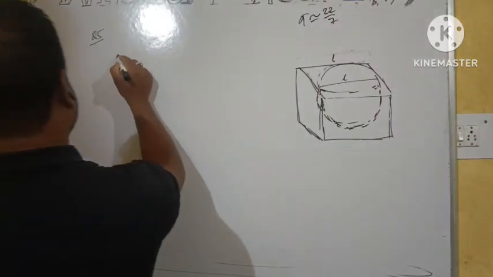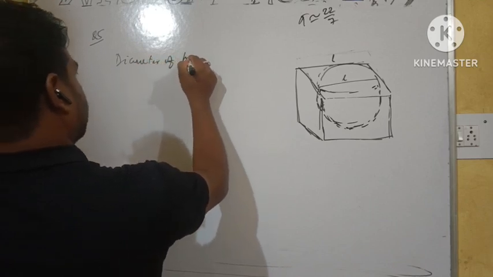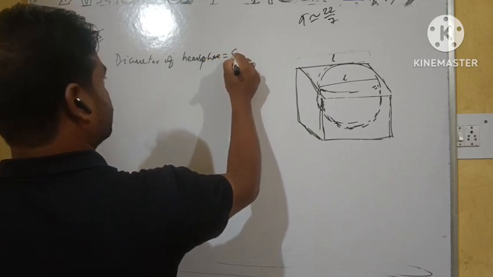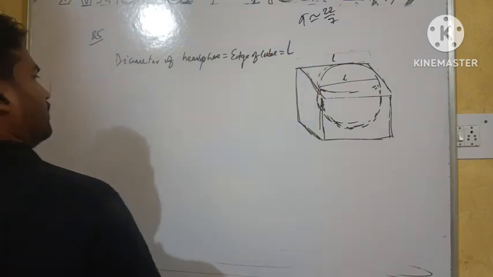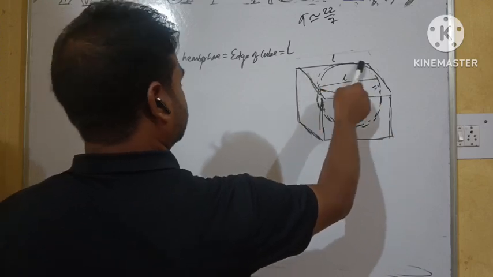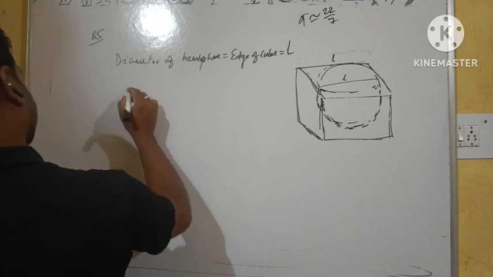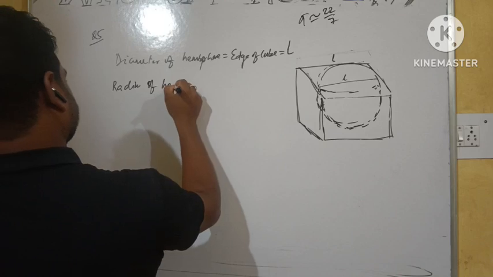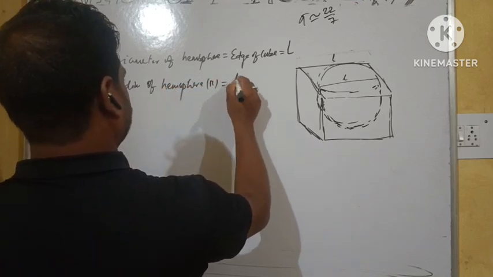Write down what is given: the diameter of the hemispherical part is equal to the edge of the cube, which is L. Then the radius of the hemisphere will be L by 2.